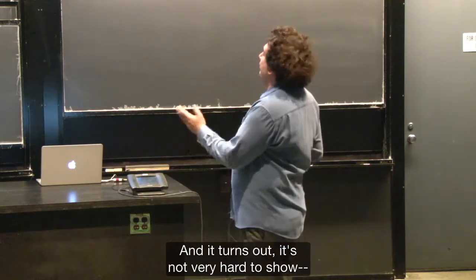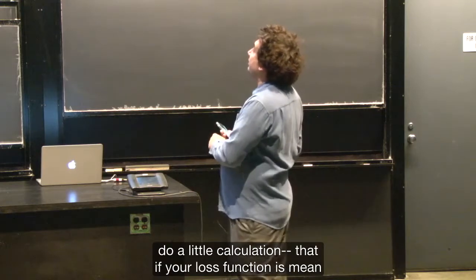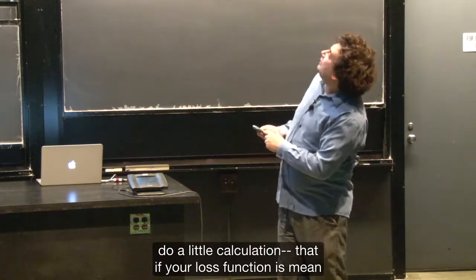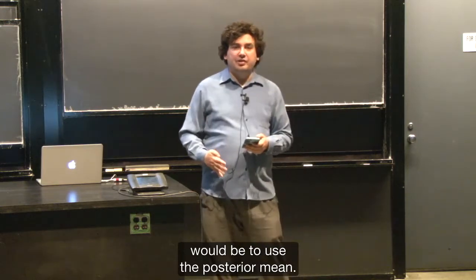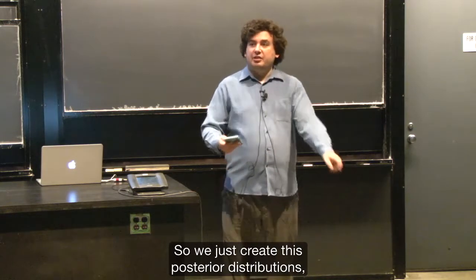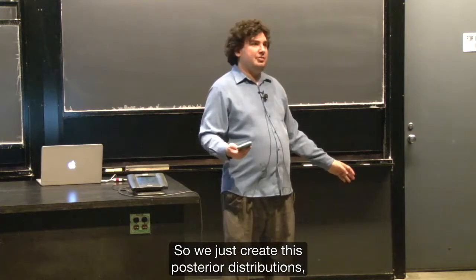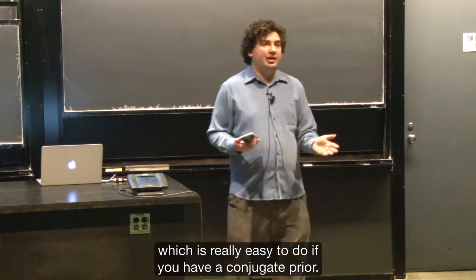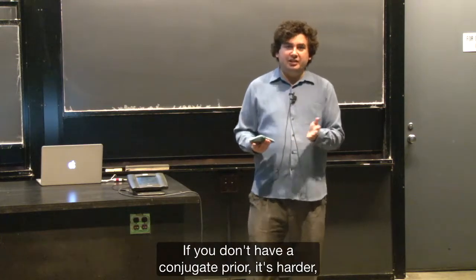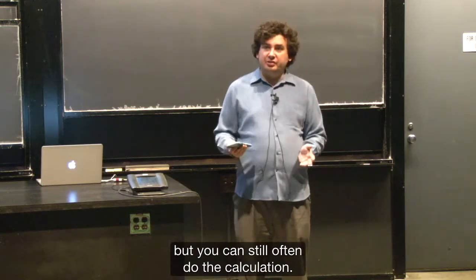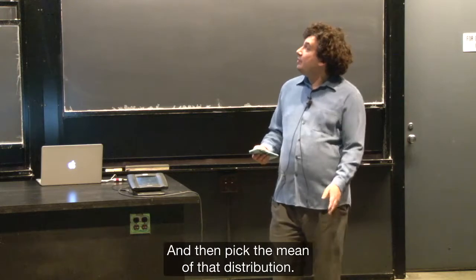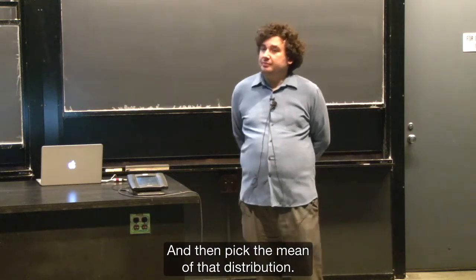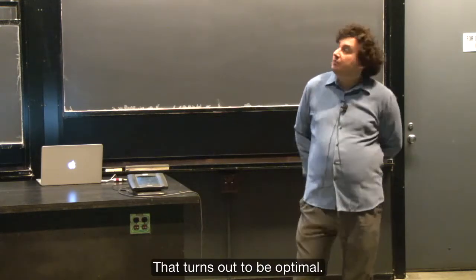It's not very hard to show, with a little calculation, that if your loss function is mean squared error, the optimal thing to do is to use the posterior mean. So we create these posterior distributions, which is really easy to do if you have a conjugate prior. If you don't have a conjugate prior, it's harder, but you can still often do the calculation. Then pick the mean of that distribution. That turns out to be optimal.